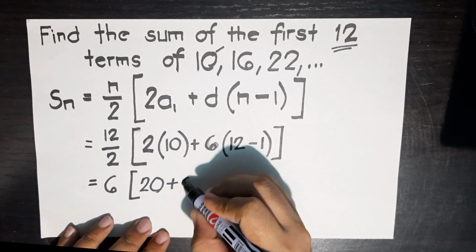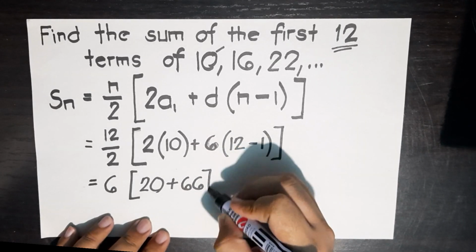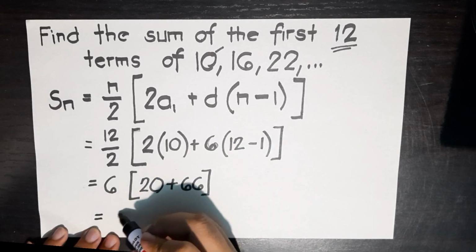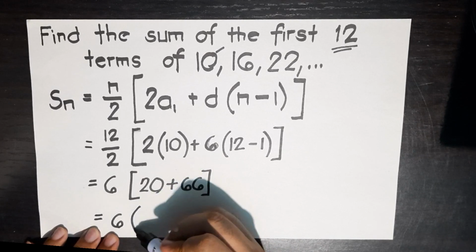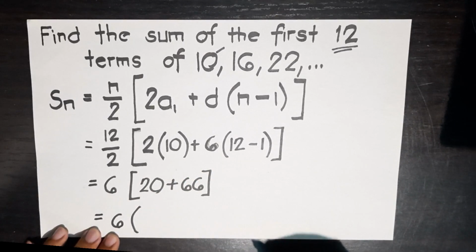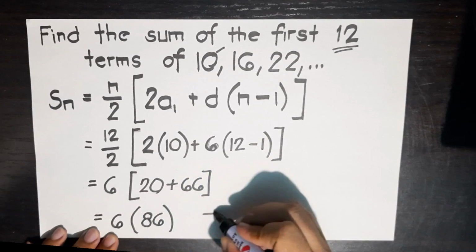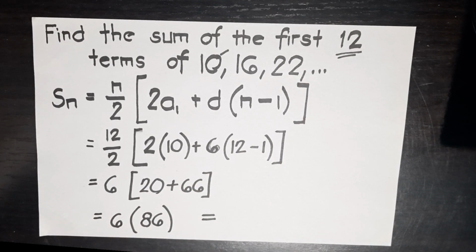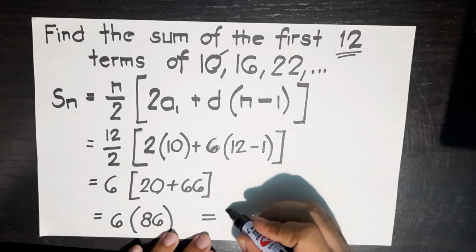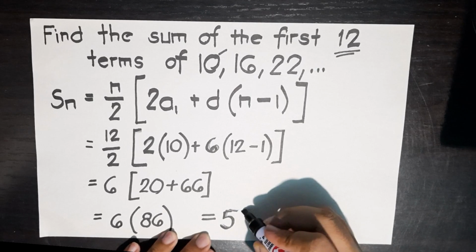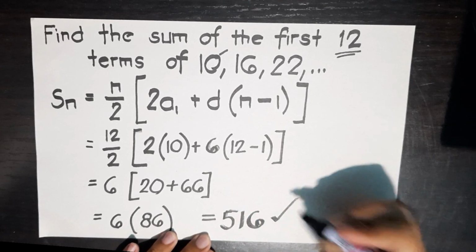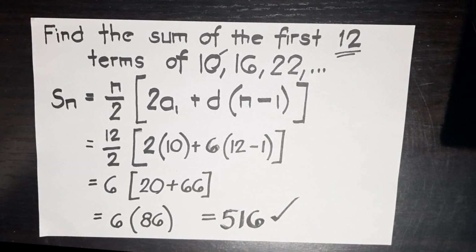So 20 plus 66, what we have here is 6 times 86. Now all we need to do is multiply 6 by 86. So our final answer is 516. The sum of the first 12 terms is 516.